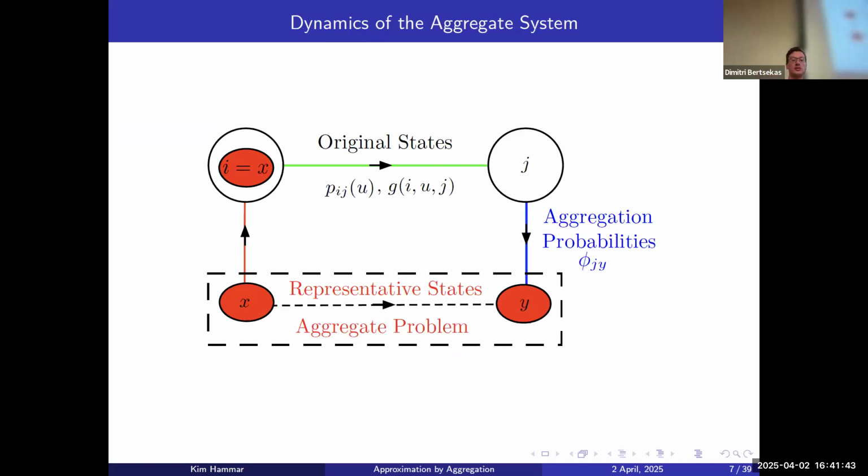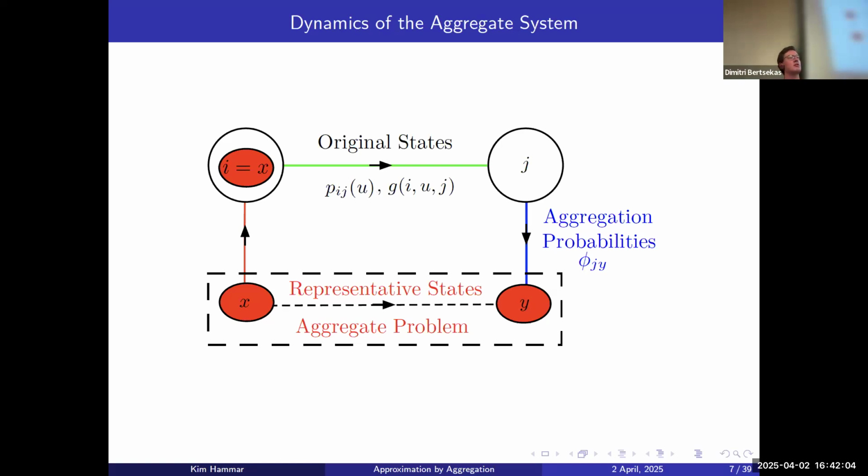So we can start out in some representative state X, and then we can select some control, which will incur a cost, and transition us across to a new state J. And from that state, we can then transition back to a representative state using the aggregation probability.